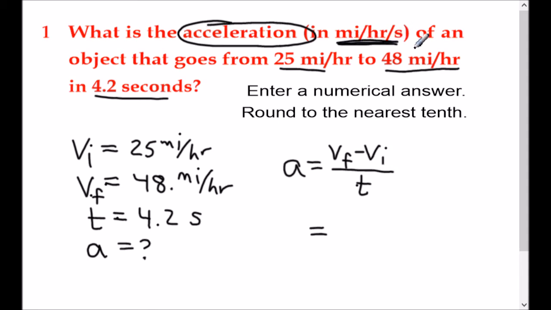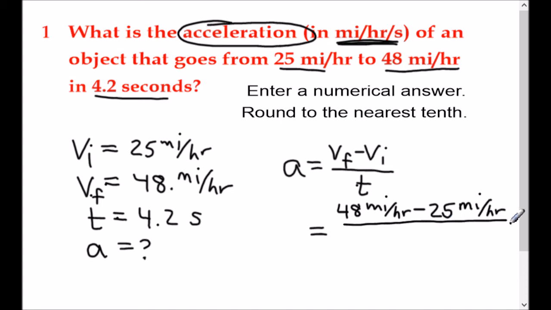That's very important. If this was some other unit, maybe if I'd asked for meters per second squared, then I would probably have to do a conversion up front. But I gave you an easy one here first. So I can go ahead and use these numbers just as they are. I'm going to take 48 miles per hour, and I'm going to subtract 25 miles per hour, and I'm going to divide that by 4.2 seconds.